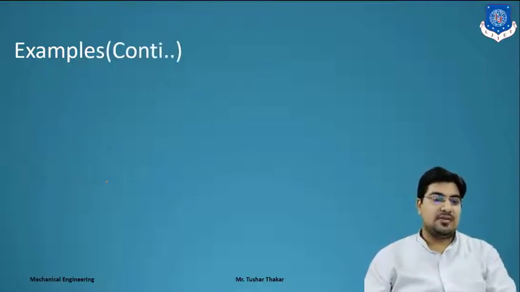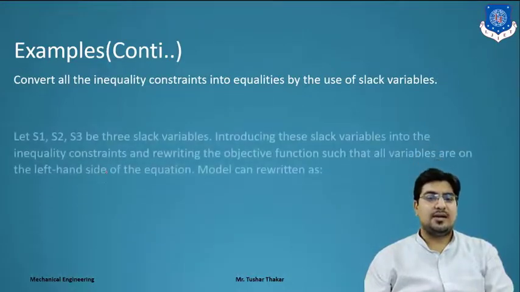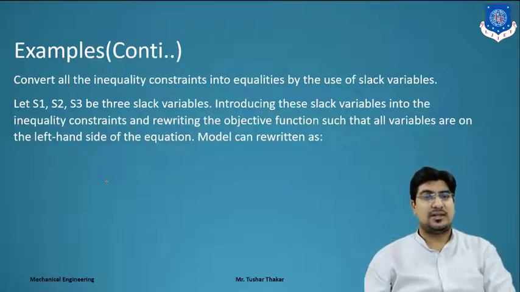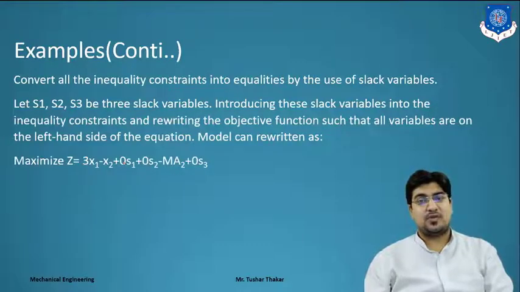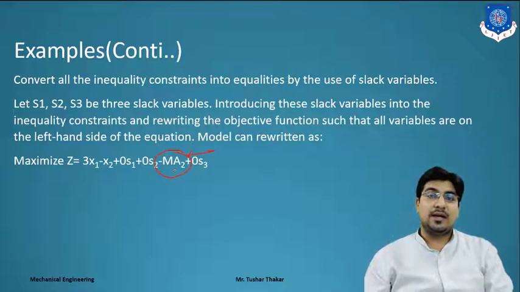So let's start our numerical. First we convert all inequality signs by using slack variables. Here s1, s2, s3 are the 3 slack variables, and introducing these into the inequality constraints, we rewrite the objective function as below: maximize z = 3x1 - x2 + 0s1 + 0s2 - Ma2 + 0s3. Here -Ma2 is the big M term, where we add an artificial variable, so we add only a2. Why? Because in equation 2 we have a greater or equal to sign.